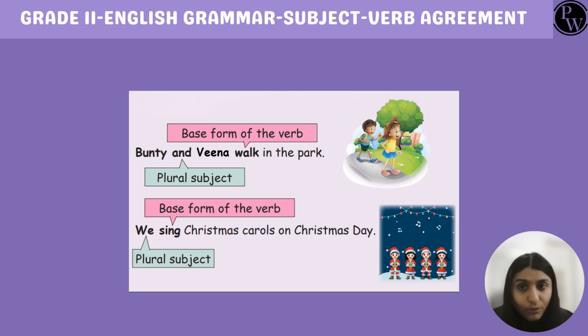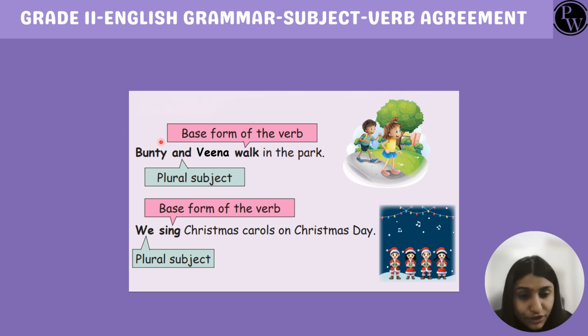Okay. Now, if the subject is we, they, or a plural noun, we use the base form of the verb in the present tense. So we do not add s or es at the end. All right, let's look at some examples here. Bunty and Veena walk in the park. So Bunty and Veena, right?